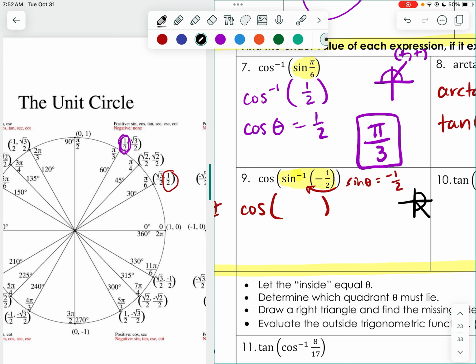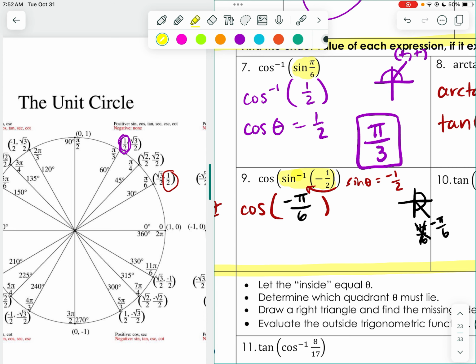That would be at, now it is 11 pi over 6, but remember, we're starting at 0 and we can only swing down. So it's not 11 pi over 6, it's negative pi over 6, right? So that's going to go right here. So that one we did the inverse first. And now we're answering the question, not inverse, just what is the cosine of negative pi over 6?